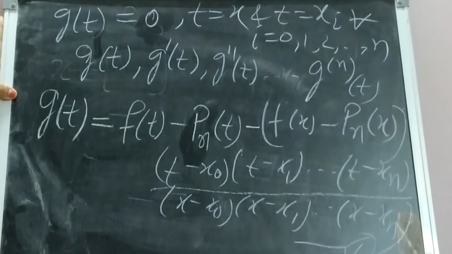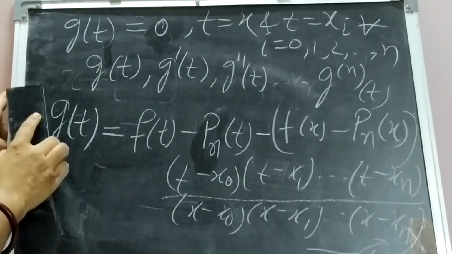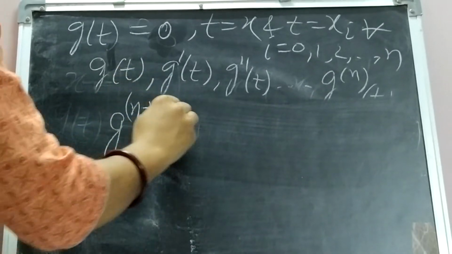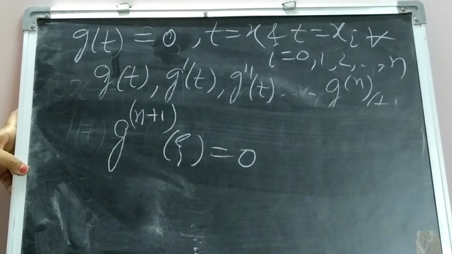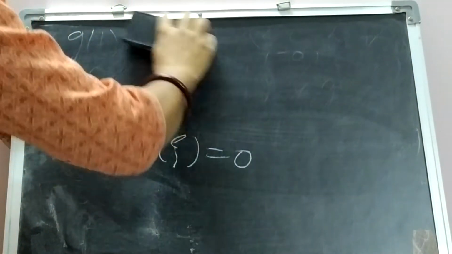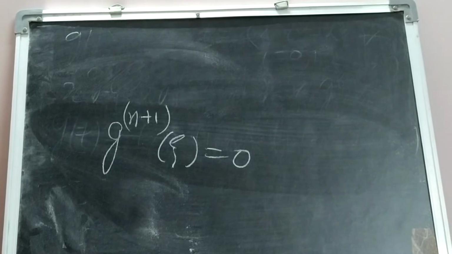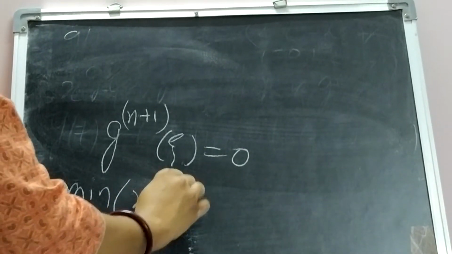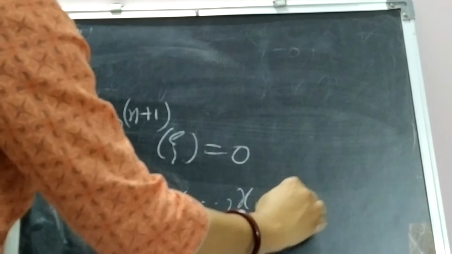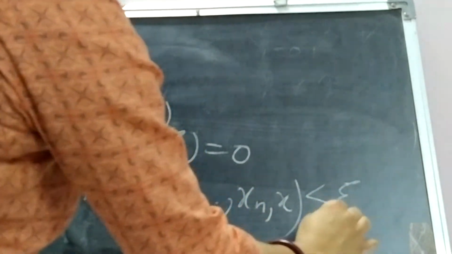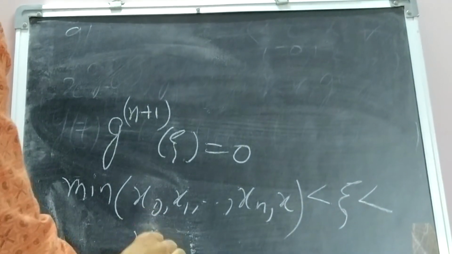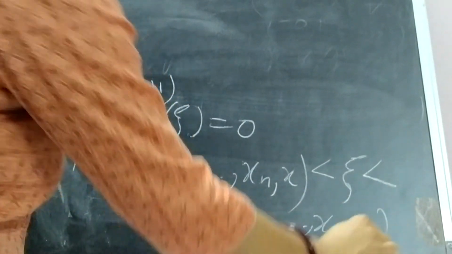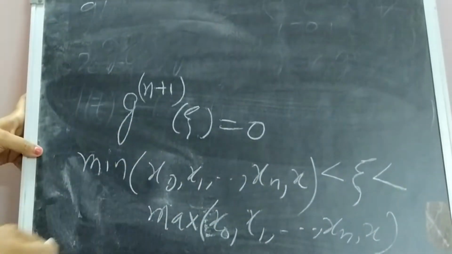And from there we obtain g^(n+1)(xi) equal to 0, where this xi is some point such that minimum of x0, x1, ..., xn and x is less than xi, and it is further less than maximum of x0, x1, ..., xn and x.